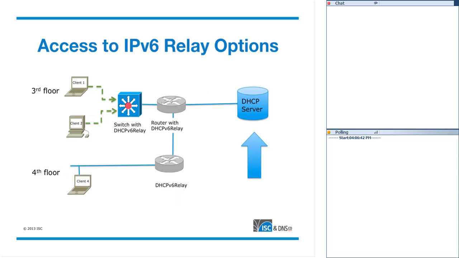So the first scenario we're looking at here is essentially you have a building somewhere on a campus that right now we're just taking a look at a few clients on the 3rd and 4th floor. We also have a DHCPv6 server in this building. Now the clients are connecting to an IPv6 network, but the network topology through which they reach the DHCPv6 server is a little different.